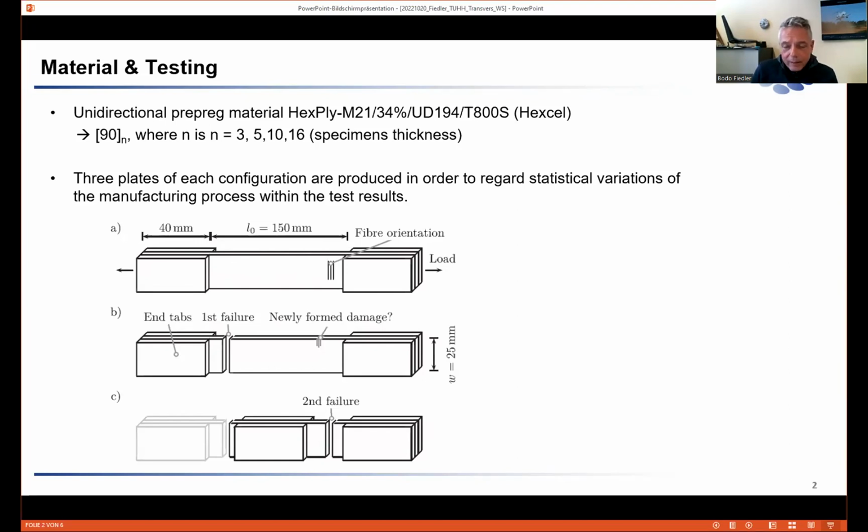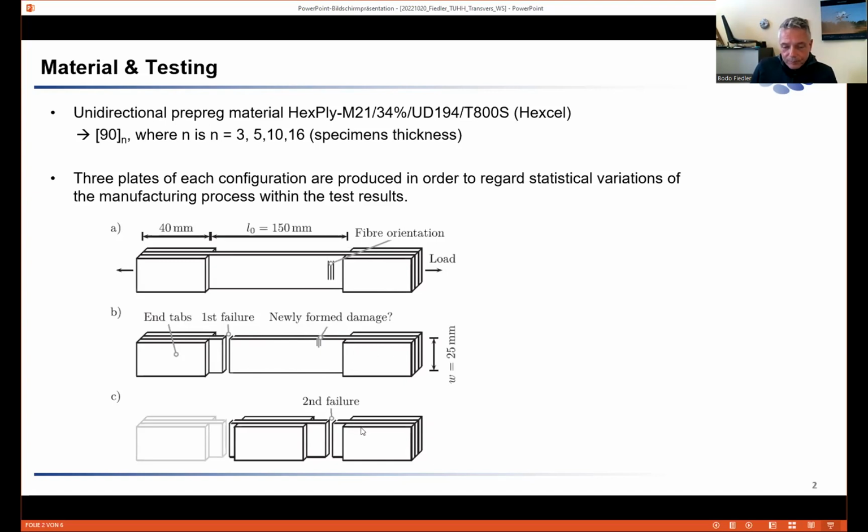Once, when we were sitting with a beer in the kitchen, we were discussing: when the specimen breaks, we get the first failure. If we use the remaining larger part, or even both parts if possible, the question appeared, is there damage formed by the stresses here, which of course are not so severe on this side, from the first failure, the smaller one.